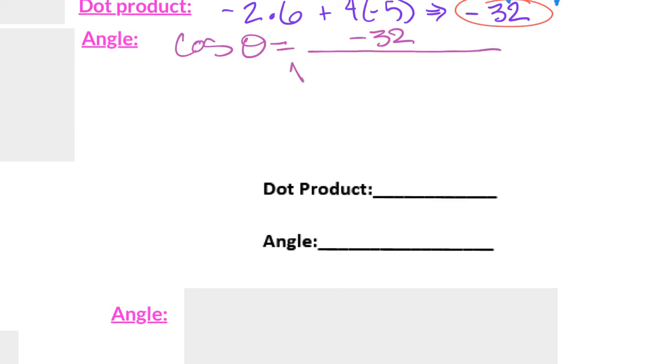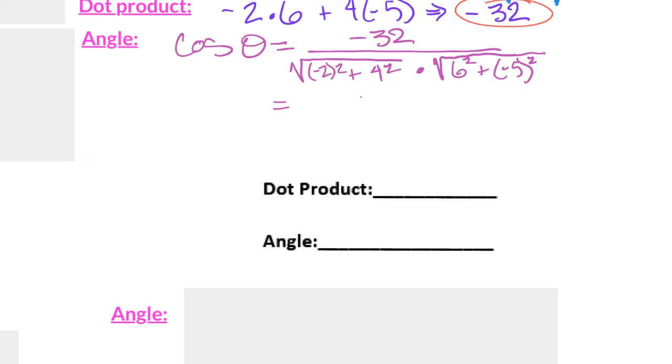I'm just going to put it all underneath this fraction bar: the square root of negative 2 squared plus 4 squared, times the magnitude of my other vector, which is the square root of 6 squared plus negative 5 squared.